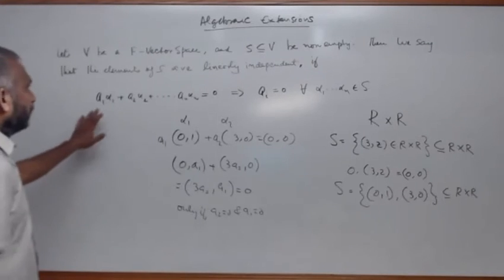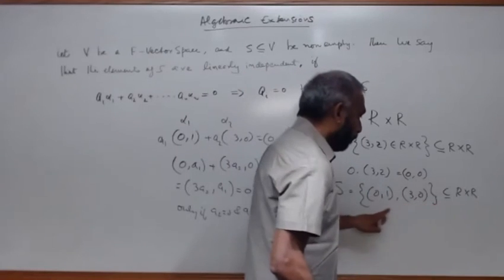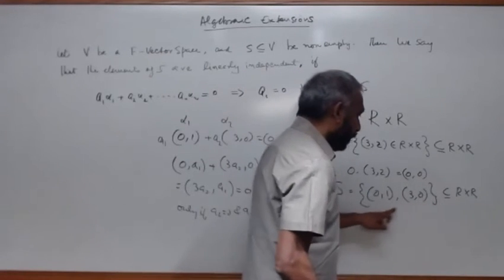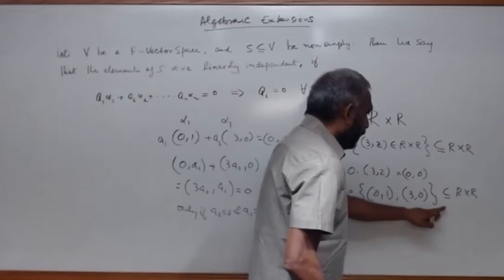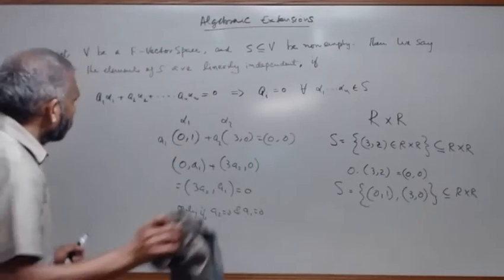And that actually satisfies this condition. So this is also a linearly independent collection of vectors from R cross R.